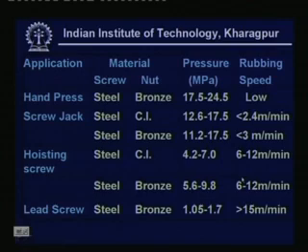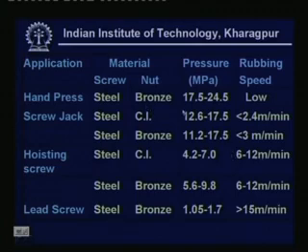Now, let us come to the bearing pressure of different kinds of threads. That depends again on the application. In the hand press, you will see the screw material is normally steel and the nut material is bronze.